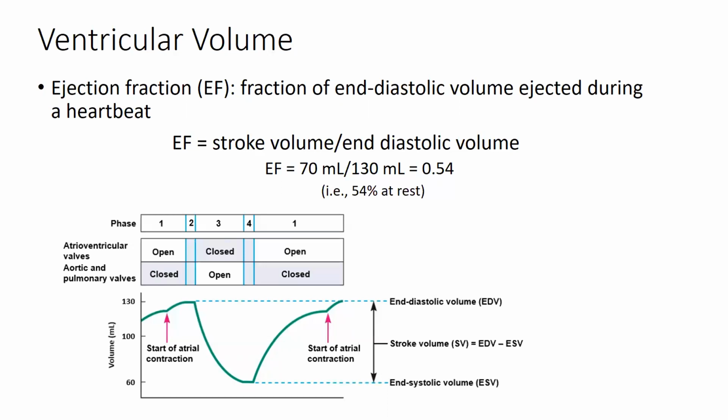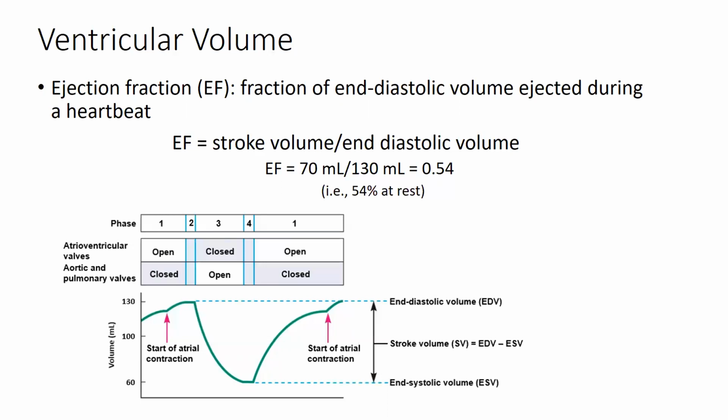Now, because we said stroke volume is usually 70 milliliters and end diastolic volume is usually 130 milliliters, this is a fraction of about 0.54, which is about 54% at rest. So what does that number really mean in terms of cardiac function? What does that 54% mean?